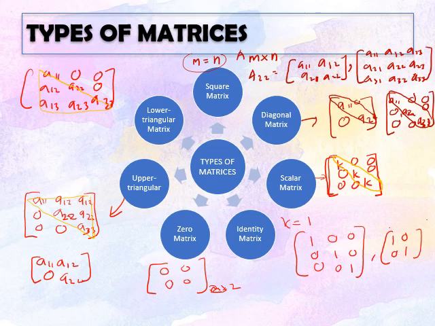If you want to write the 2 by 2, A11, A22, it's 0 here and A21 here. You can also see a triangle here. So that's it, a very quick look at the types of matrices you need to know: square matrix, diagonal matrix, scalar matrix, identity matrix, zero matrix, upper triangular matrix, and also lower triangular matrix.